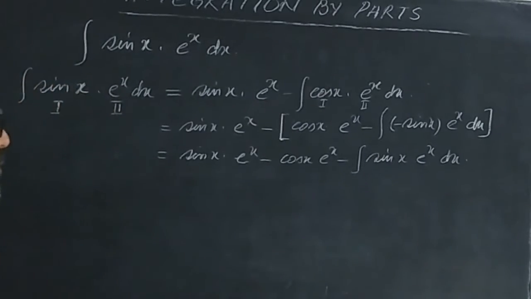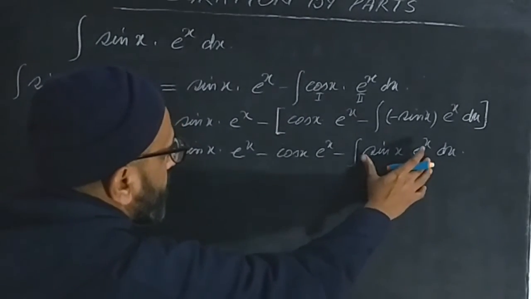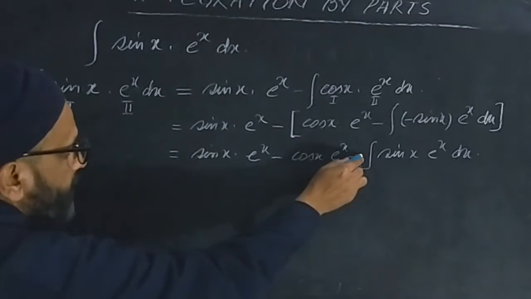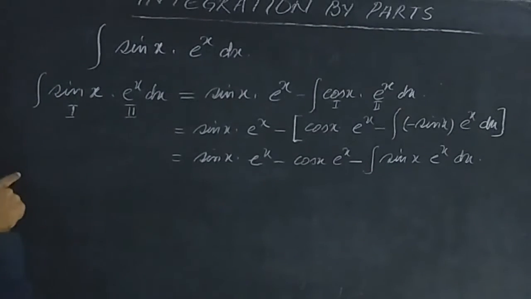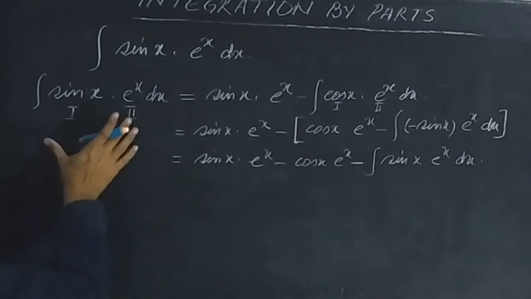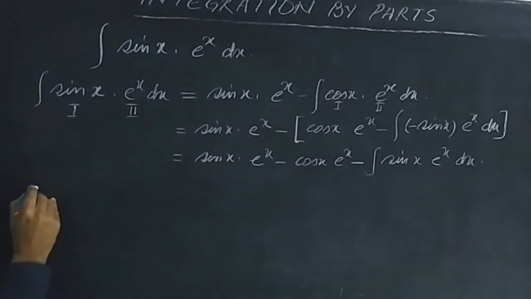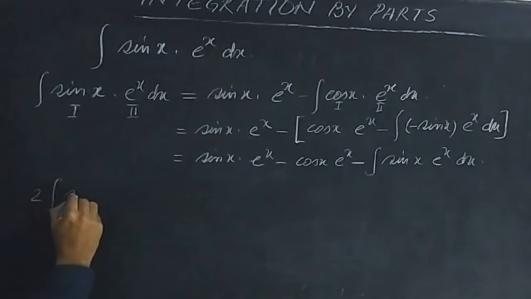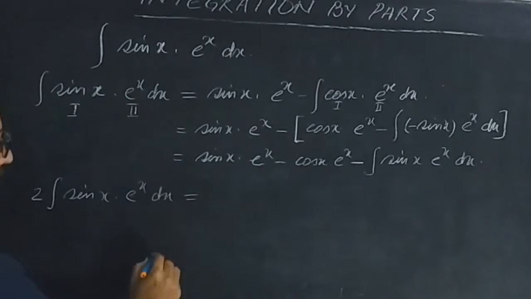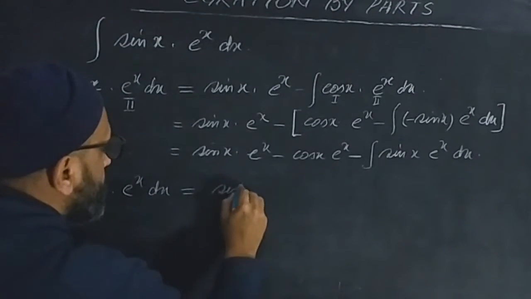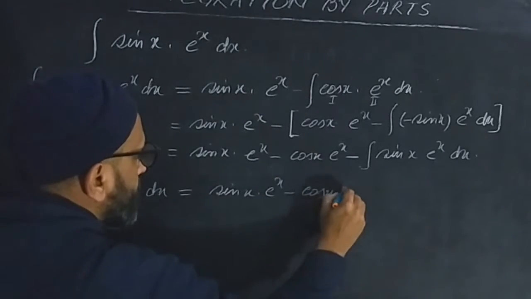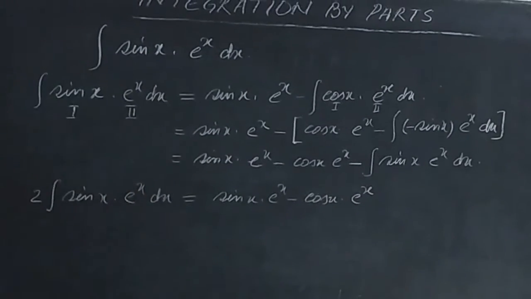So in this case what we have to do is transpose this integral to the left hand side. Transposing this term to the left hand side, because this is minus, it becomes plus over here, so it will be added to the left hand side, and being identical terms, both should be added, and we get 2 integral sin x into e raised to the power x dx. On the right hand side we have sin x into e raised to the power x minus cos x into e raised to the power x.